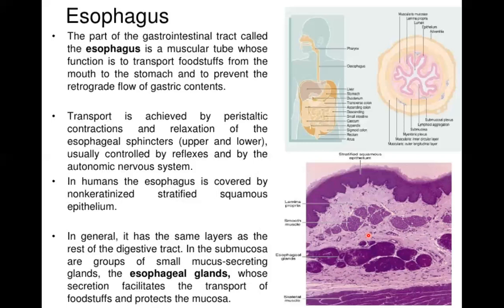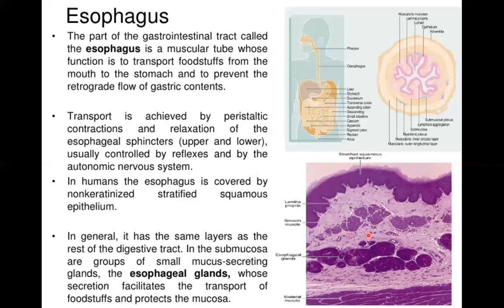Then, underneath the submucosa, we have the muscularis externa, with an inner circular and an outer longitudinal layer. Here it is also characterized that in the esophagus it is divided into three thirds. The upper third is mostly skeletal. Mostly, I did not say completely.